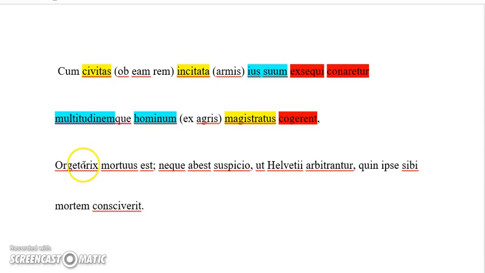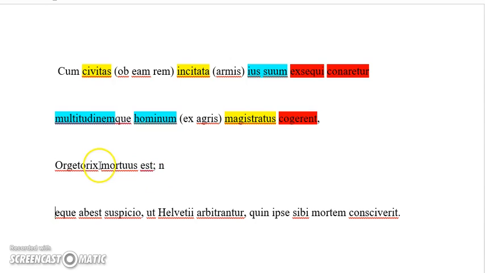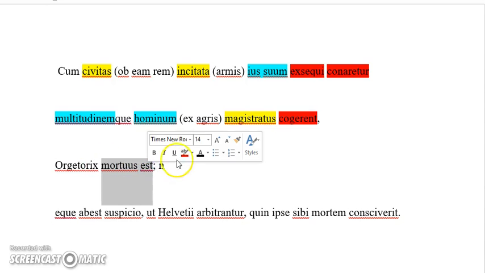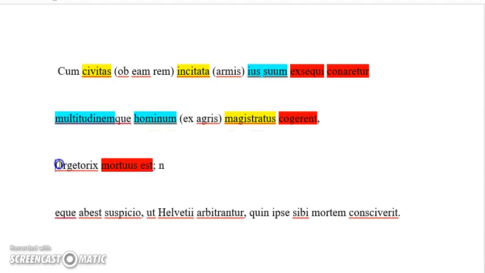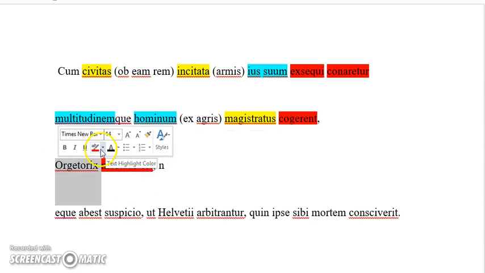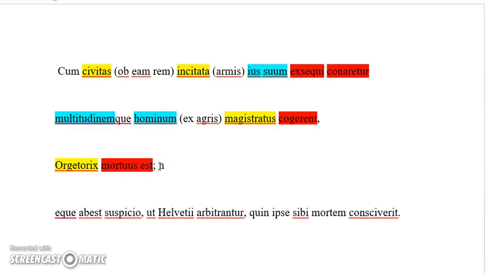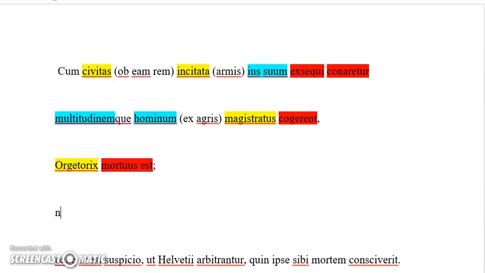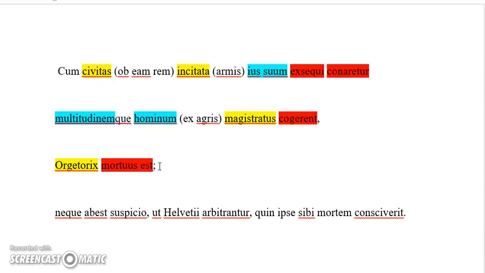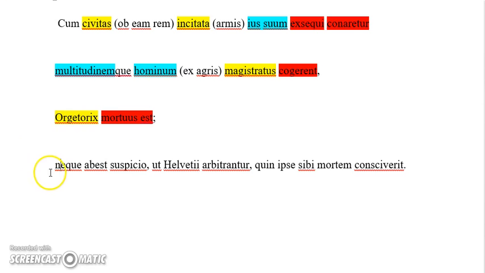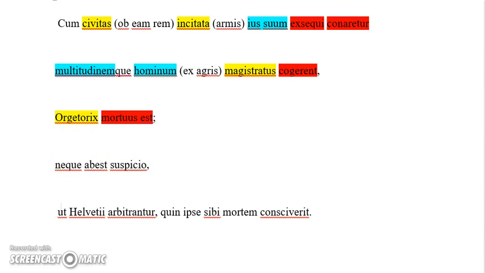Orgetorix mortuus est. Moritur again is a deponent verb. And Orgetorix is, of course, your subject. Neque abest suspicio.